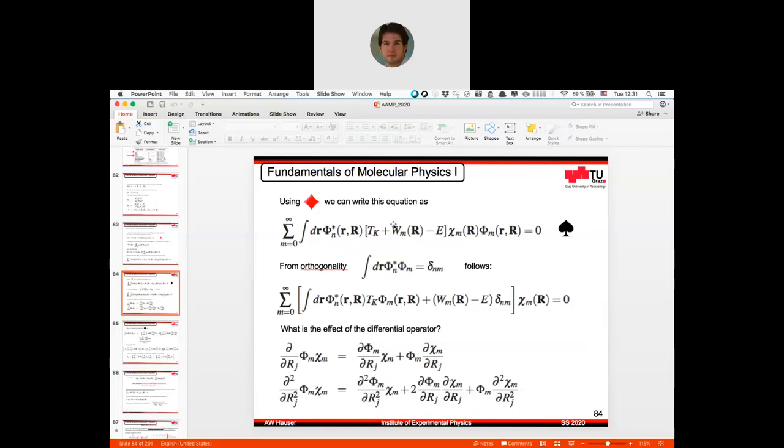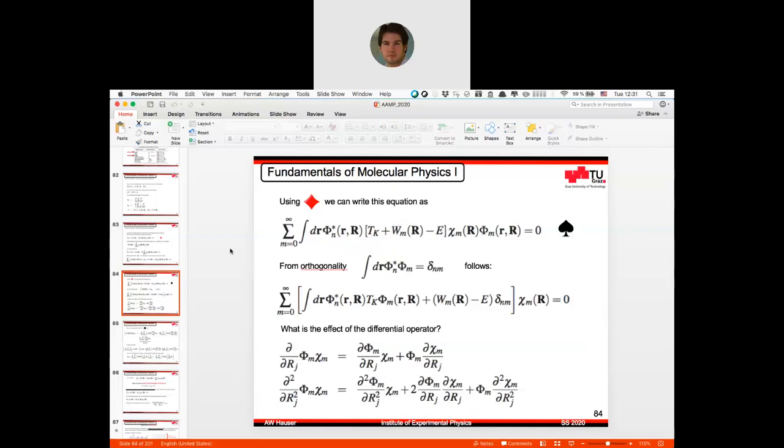So we have replaced the kinetic term for the electrons and the potential term by this expression omega m of R. Okay, can you see this? The only thing that's left is the kinetic energy for the nuclei. Then comes the eigenvalue for this arrangement of nuclei, and then the actual eigenvalue of the total wave function.